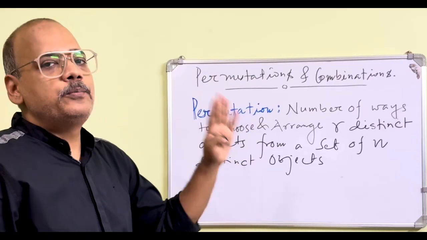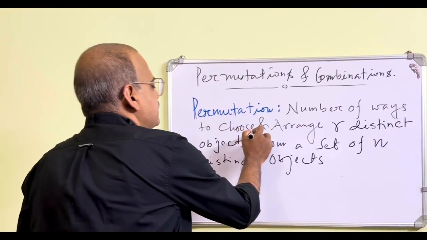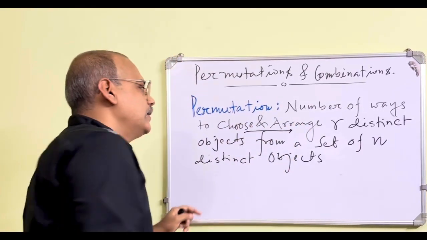Permutation is basically the number of ways to choose and arrange. This is the important part here.